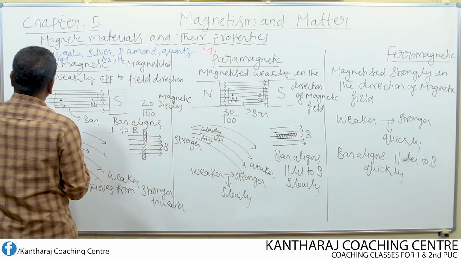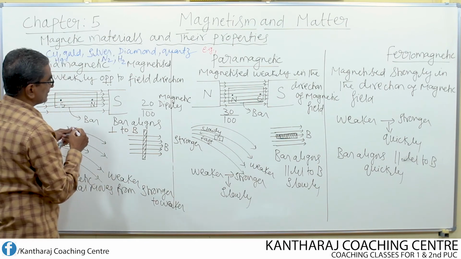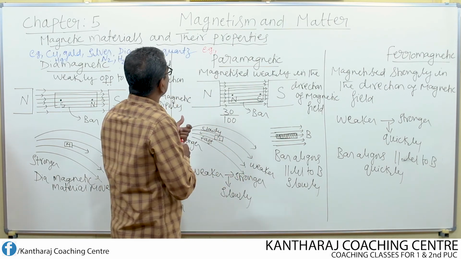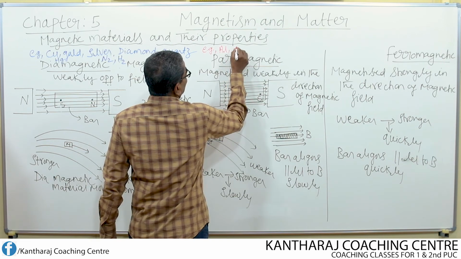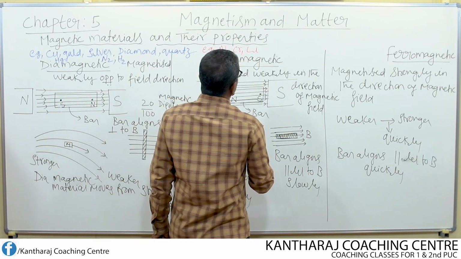So these are the examples for diamagnetic material. I can consider the examples like this: aluminum, chromium, lithium, okay.